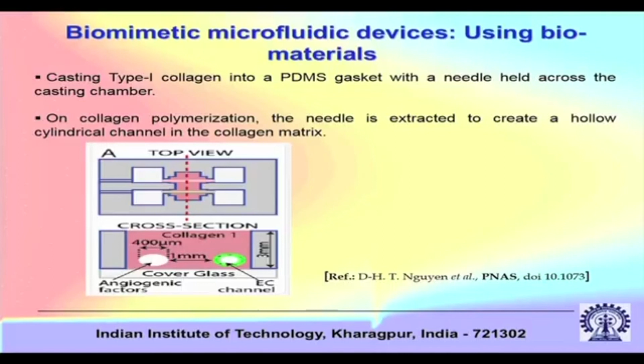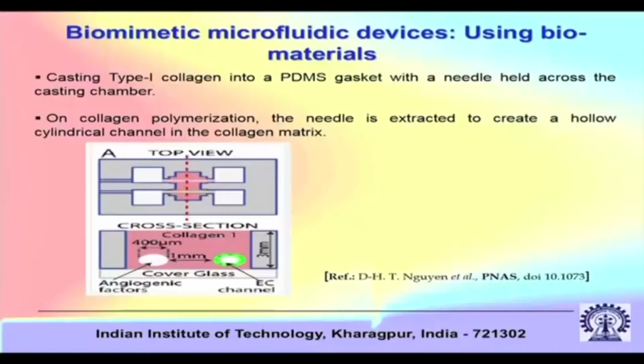It is a soft tissue material, and if you use that kind of material for making these microfluidic channels, and then as the next step line them with endothelial cell lines, that is, if you have endothelial cell depositions on these collagen-based networks, then you could possibly make God-made channels by using microfluidic techniques.